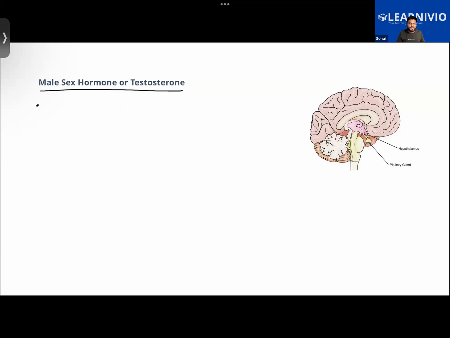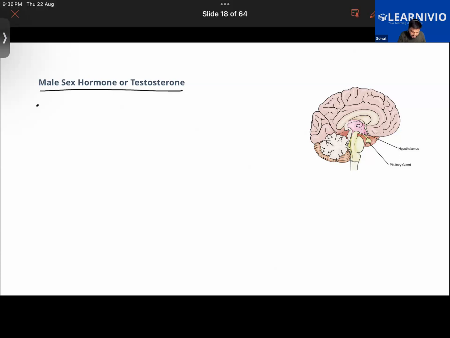Okay, so let us first of all understand what are the functions performed by this. Now what function does it perform? First of all, the primary function of the testosterone hormone is sexual and reproductive development. Getting it now?